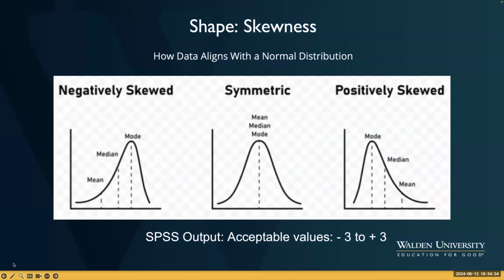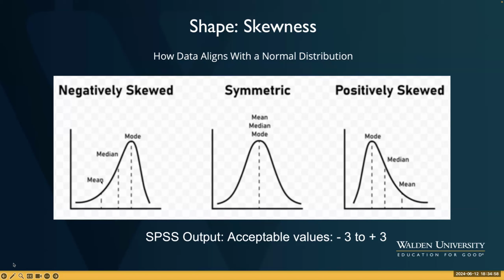Now, one of the main things is skewness. You've heard that term. And notice in the middle here is a very normal distribution. Remember, we have the 68%, the 95%. Out here would be those outliers. But data a lot of times doesn't look like that. Here we have a negative skew. And what does that mean?